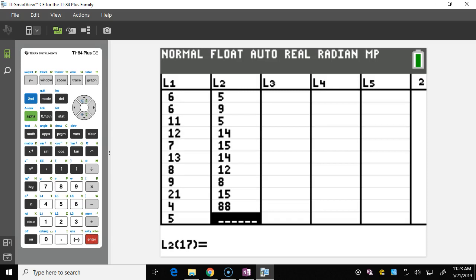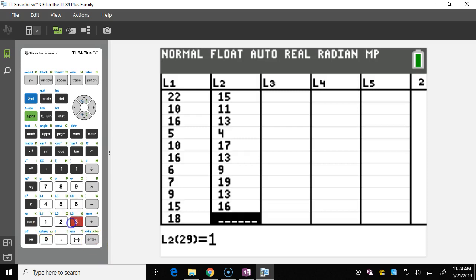Okay, that's 8, well, no, 8. 8. 16, 9, 9. 15, 11, 13, 4, 17, 13, 9, 19, 13, 16, 13, 19.